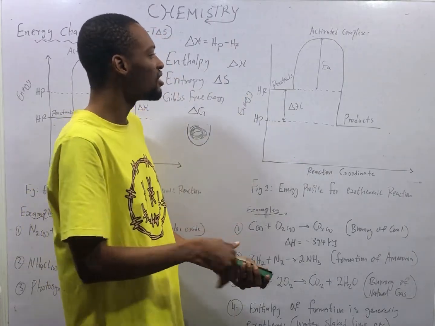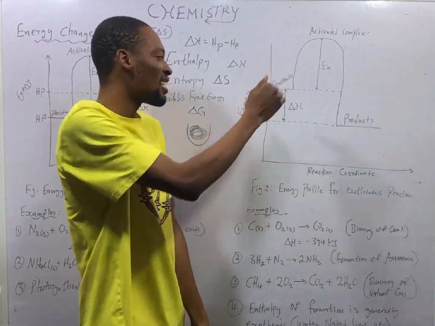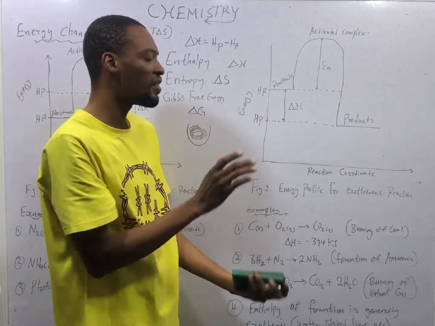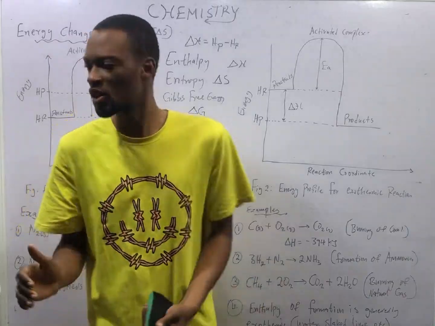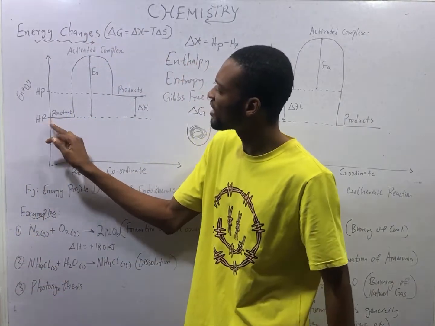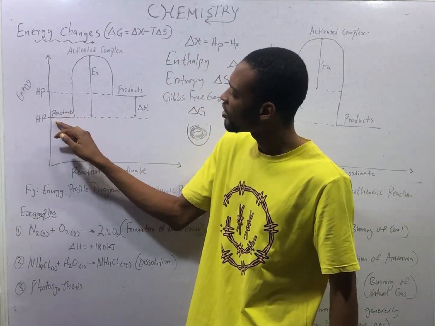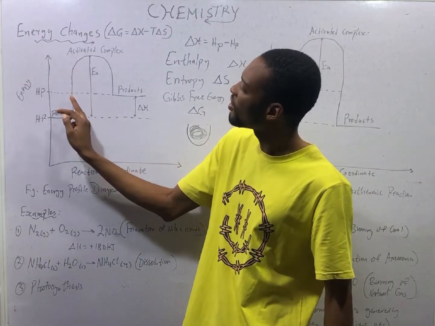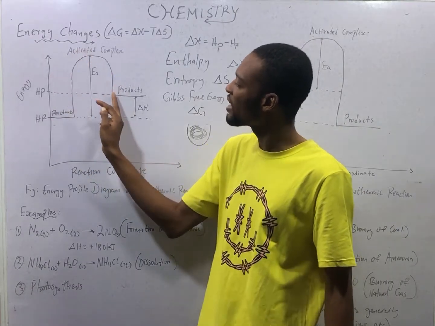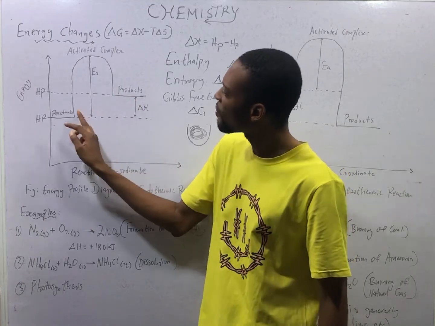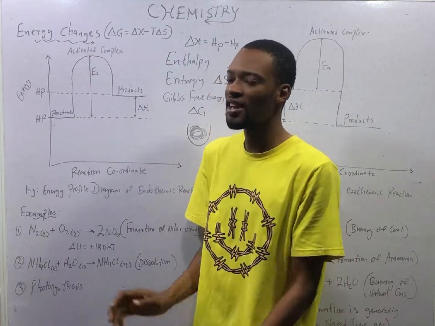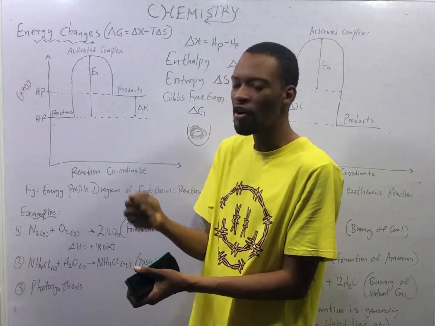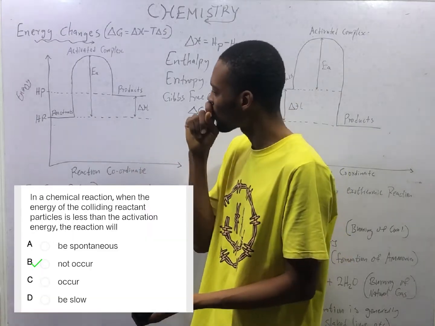So when you see that the heat of the reactant is higher than the product, this is an exothermic reaction, which means the reactants are hotter. So from here, you see the reactants at the bottom, then they try to combine. All these are the stages the reactant has to pass through to get to the product. From here to here is a barrier that every reactant must overcome for the reaction to occur, or for the reaction to be spontaneous.